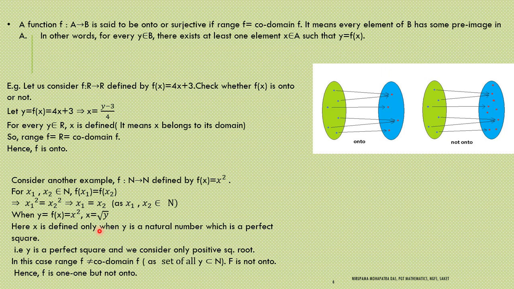So y can accept only the values which are perfect squares. Okay, it should be a natural number and also a perfect square. So the set of all y is the set of all natural numbers which are perfect squares.